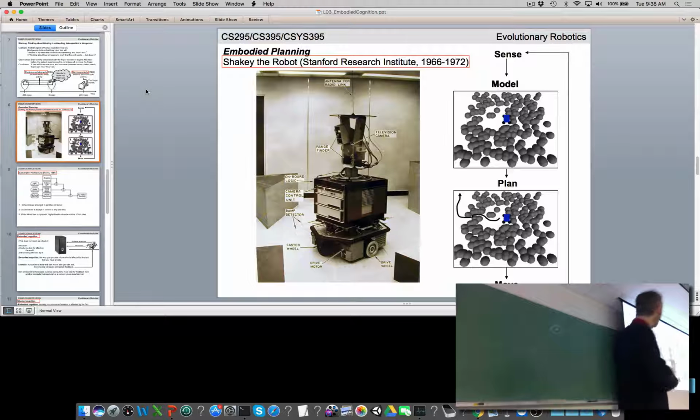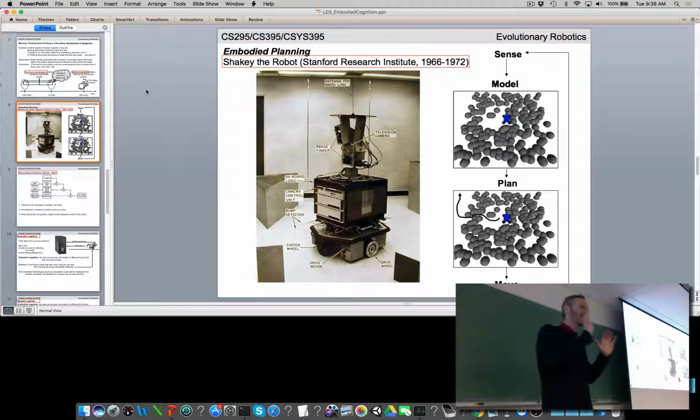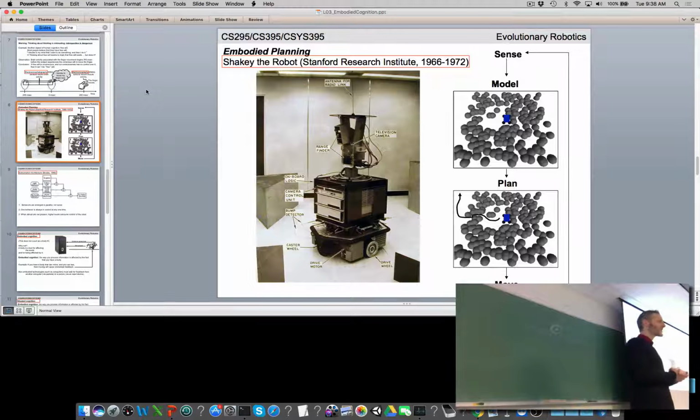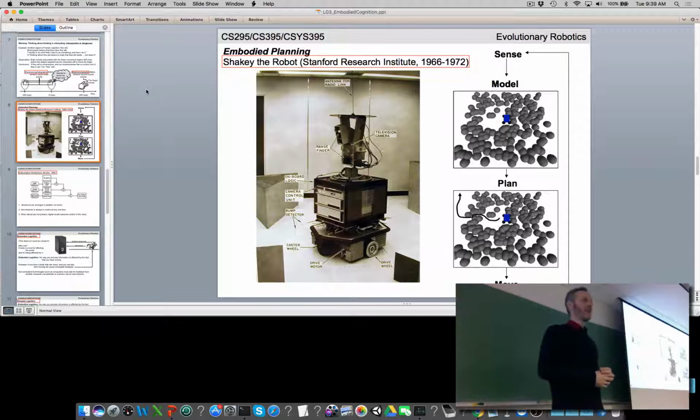Now, in all fairness to Shaky, Shaky was using 1960s computer technology. But even at the time, people started to realize this is probably not a good way to approach intelligence. Move, stop, sense, model, use that model to plan what you're going to do next, carry out some part of that action, stop, sense, model, plan, move again, and again, and again.